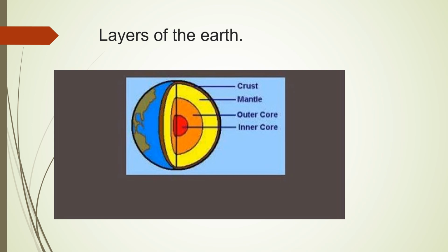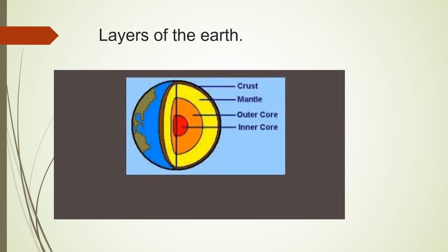Therefore, with that information being said to you, we are moving on now to the question that says, how many layers of the earth do we have? Fortunately, we have geologists, people who study rocks. They reveal to us the structure of the earth inside. So it is said that the earth has four distinct layers. So as you look at the picture on the screen, we see how the earth is structured inside.